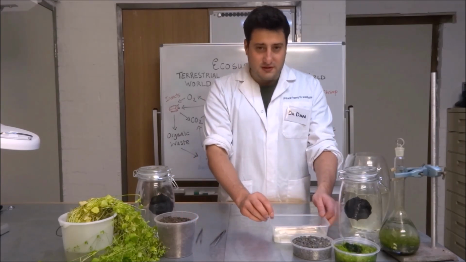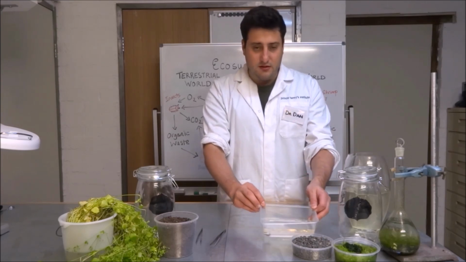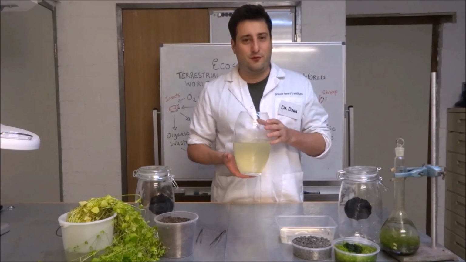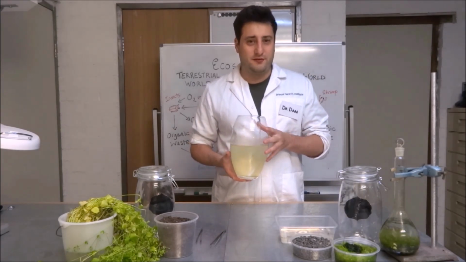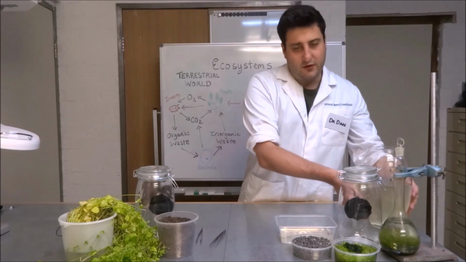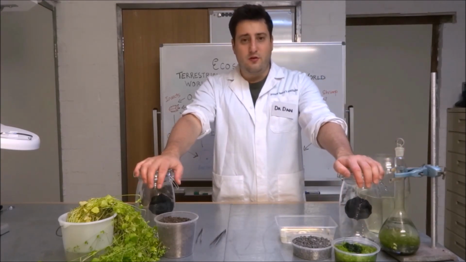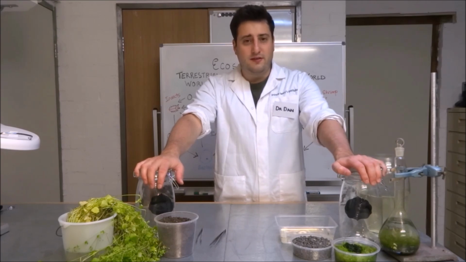We also have the shrimp, which are quite small, and we have some bacteria in the water that we've collected from the pond. So hopefully with these two independent worlds we can watch them grow over time and see what happens to them.